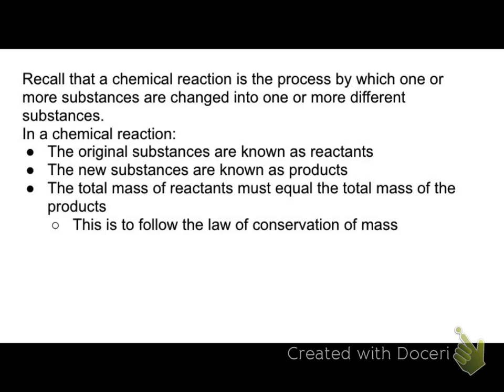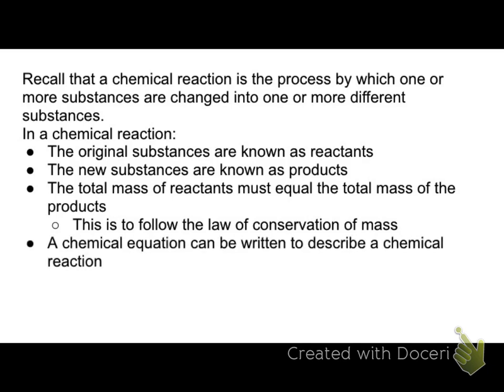And however many atoms of one substance you have on the reactant side, you must have an equivalent number on the product side. Doesn't mean it has to be in the same arrangement, but the number of atoms cannot be different because of the law of conservation of mass. During a chemical reaction, no mass is created or destroyed. It's only rearranged.